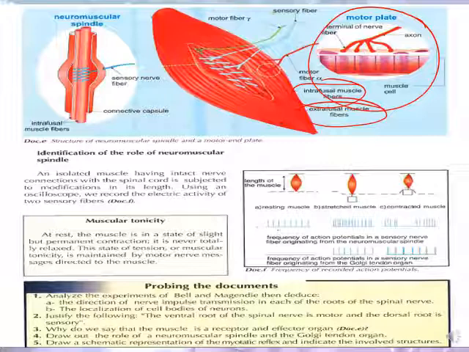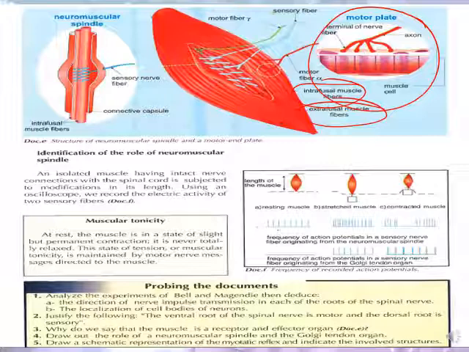So here, what do they say? That the ventral root of the spinal nerve is motor and the dorsal root is sensory. Since whenever we have sectioning of the ventral root, it leads to the total loss of the motor activity as shown in the figure, while the sectioning of the dorsal root leads to the total loss of the sensibility.